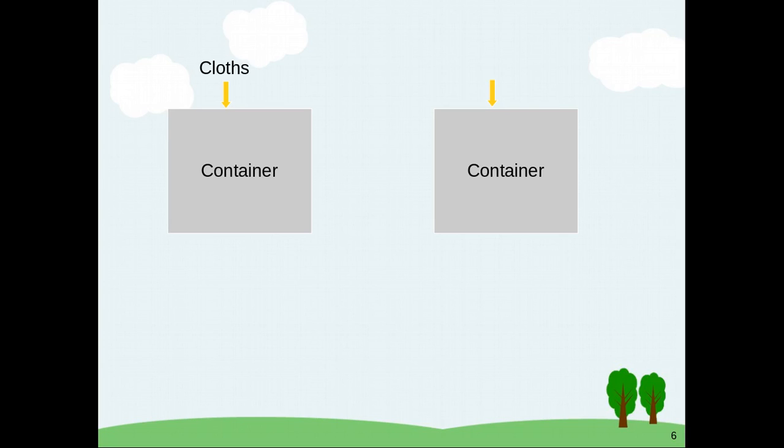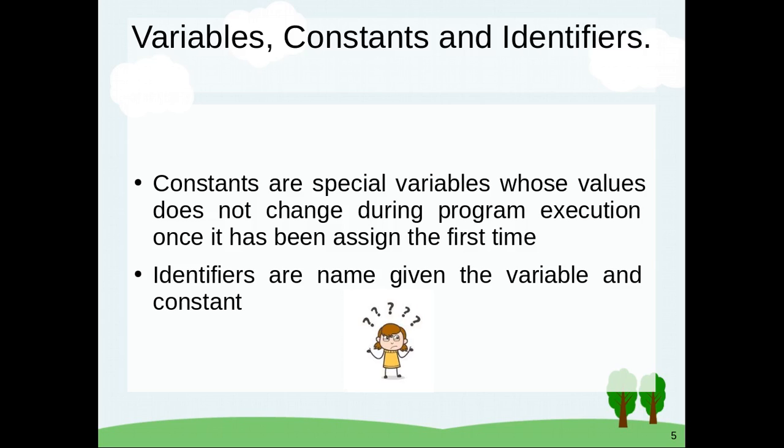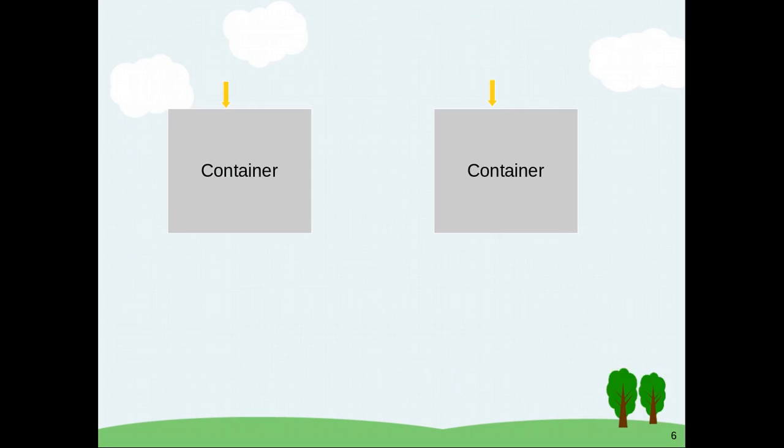Now how much better when there's a label on each container? Once my friend comes in, he knows that this container is for clothes and the other is for shoes. So my friend will quickly go to the shoes container and get me a shoe, right? Without the labels, our containers will be unidentified.